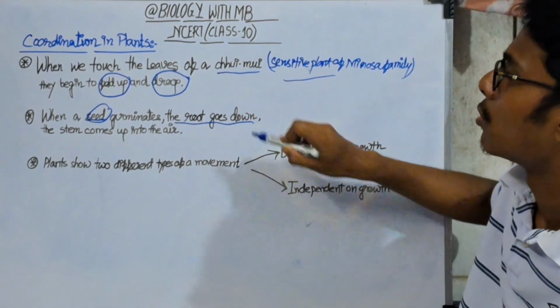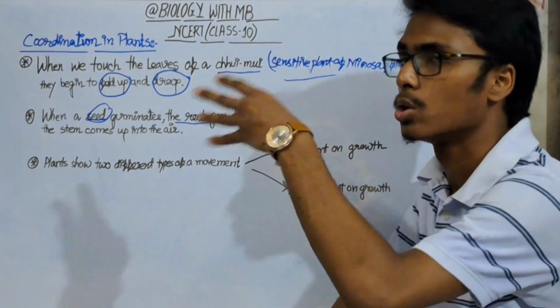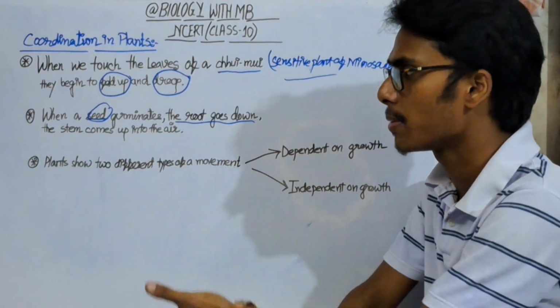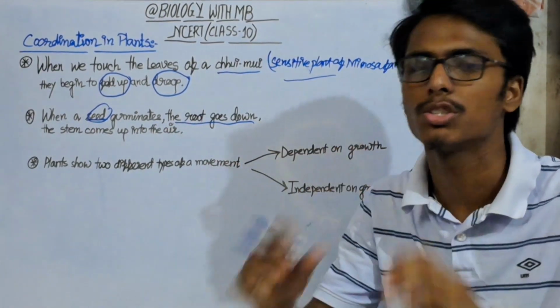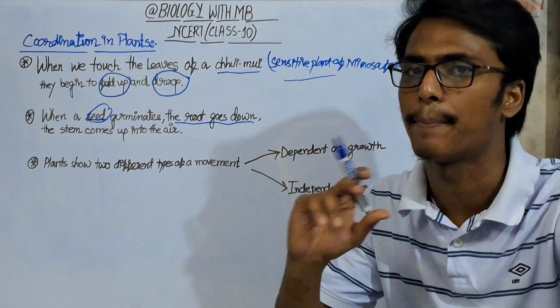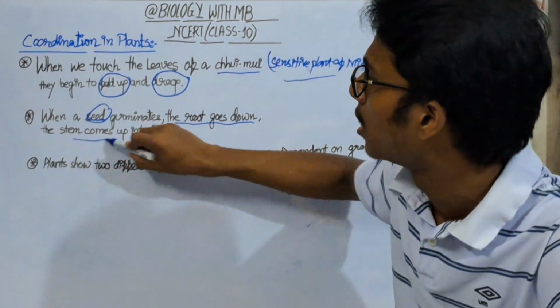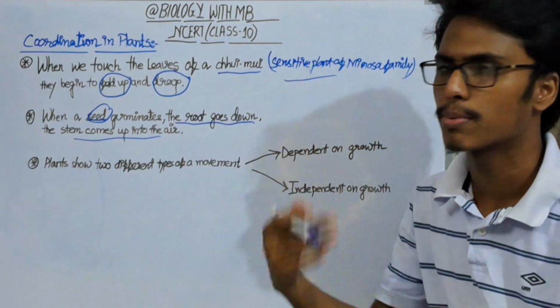In that case, we see the root goes down and the stem comes up into the air. That is a natural process of a plant.